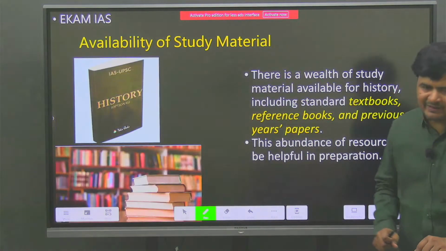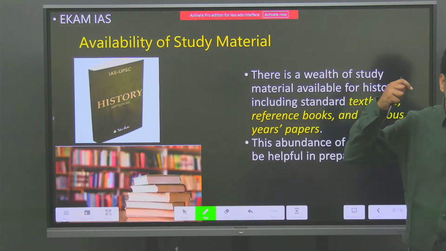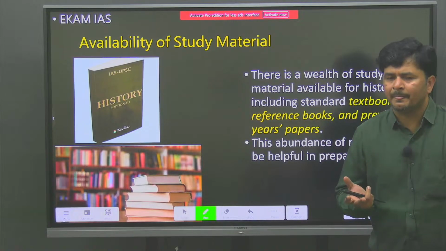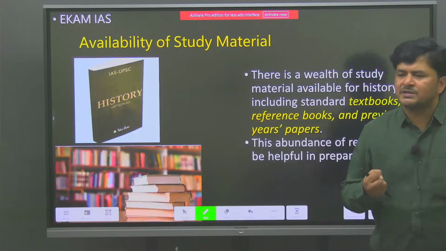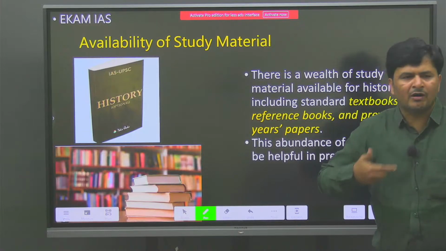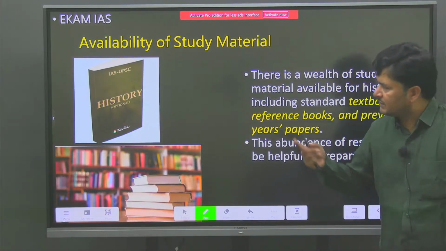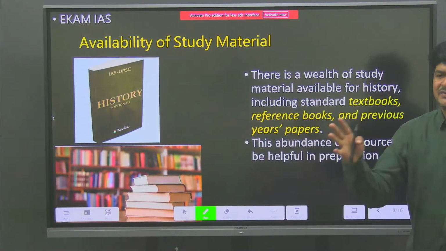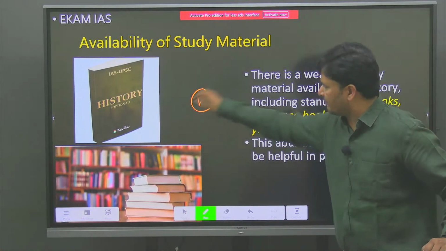And one more advantage: if you take history as an optional, we have a sea of material. We have a lot of material, through which you can get command over the subject, form various opinions, and have different perceptions. Obviously, availability of sources: even for ancient India alone, we have half a dozen books.